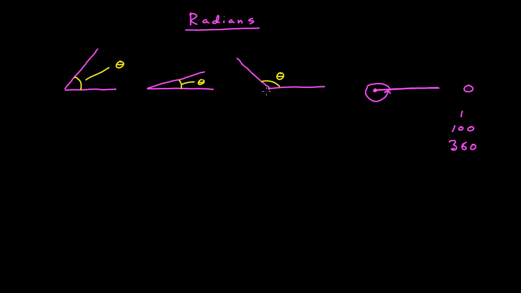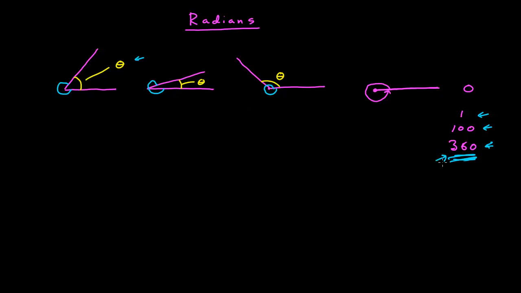Then every other angle is some fraction of the complete amount, and that angle would represent the fraction of the total, whether it be 1 or 100 or 360. Of course, 360 is one of the most common, and we call that degrees. In that case, the complete is 360. If it's flat, it's 180.